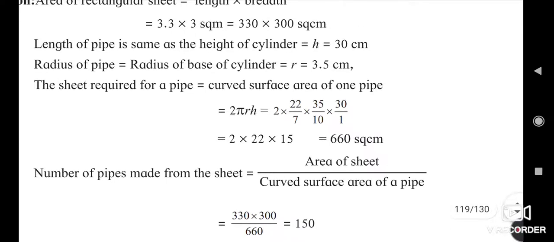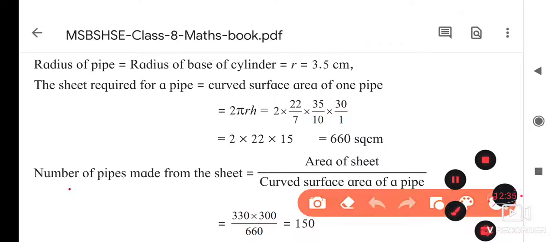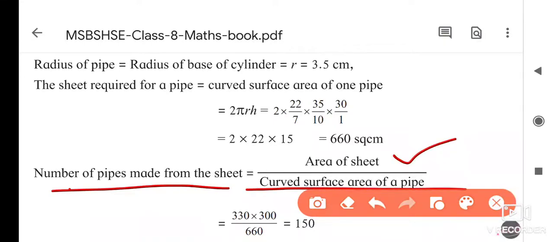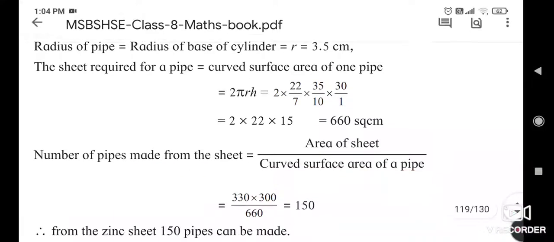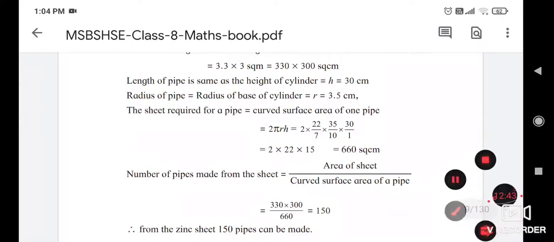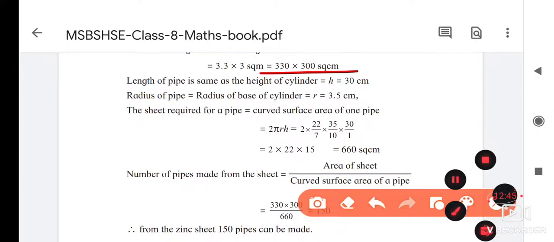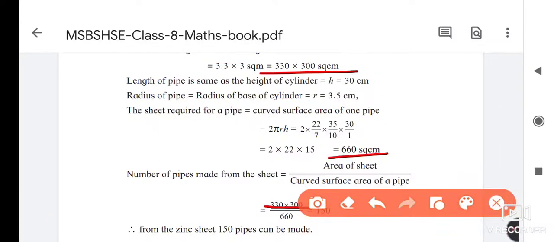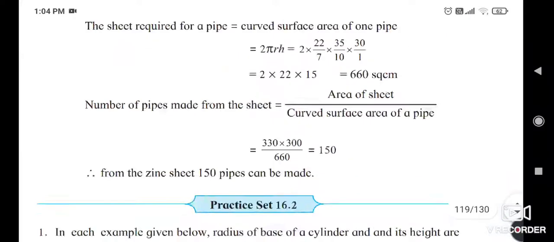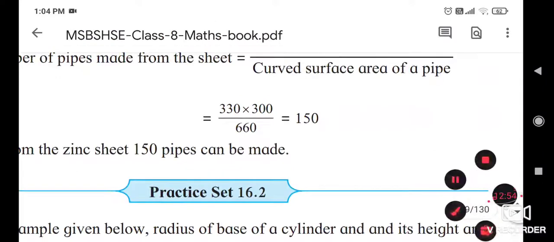the pipe. Now we have to find out the number of pipes made from that sheet. Area of sheet divided by curved surface area of a pipe gives us the number of pipes. So here the area of the sheet is 330 into 300, it is written here, and the area of a pipe is equal to 660. Just put the values and find the answer.